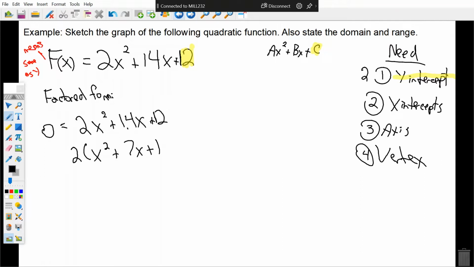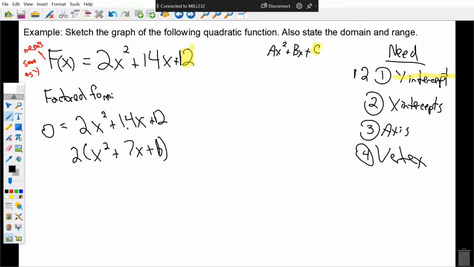Yeah, it is 12. I'm sorry. So 2x squared plus 14x plus 12. So the y-intercept is actually 12. Now when we factor a 2 out of each of these, we get x squared plus 7x plus 6.